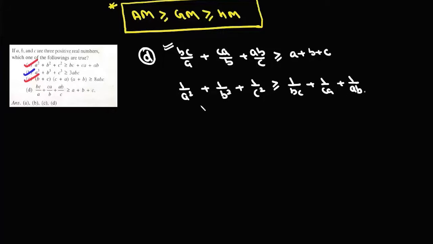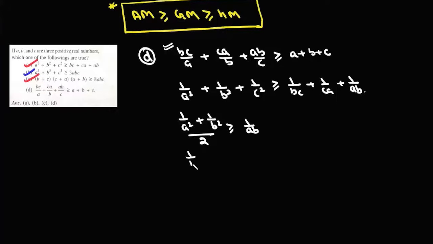Now we'll prove this the way we have proved the first one. It is the same as the first one, but instead of a, b, c we are taking 1 upon a, 1 upon b and 1 upon c. So we can write (1 upon a square plus 1 upon b square) by 2 will be greater than or equal to their geometric mean, which is 1 upon ab.